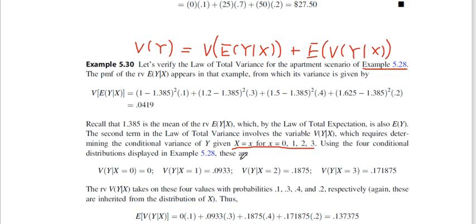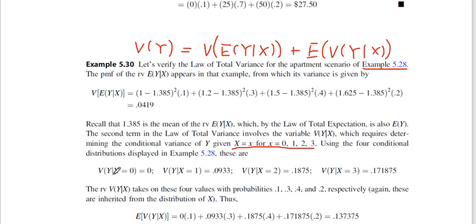So for fixed X, what is Y? So if X equals 0, X equals 1, X equals 2, X equals 3.